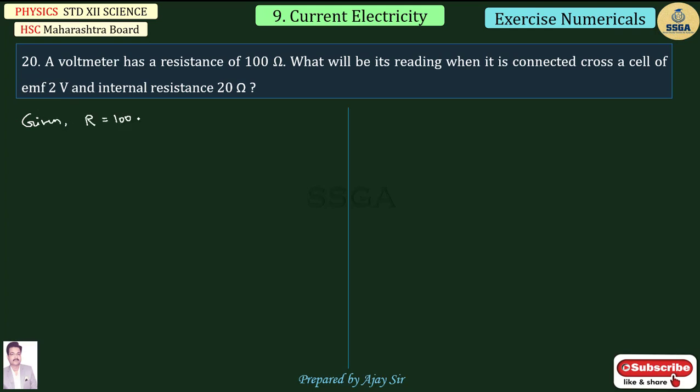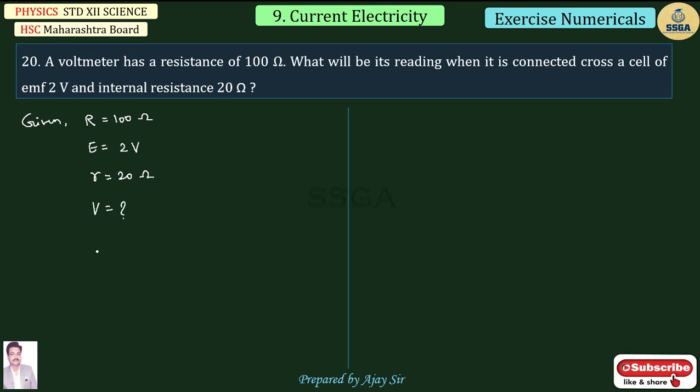R is equal to 100 ohm. What will be the reading when it is connected to the EMF? EMF is equal to 2 volt and internal resistance 20 ohm. So then what will be its reading? Means what will be the voltage of the voltmeter? What will be the reading shown by the voltmeter? So V we have to find.